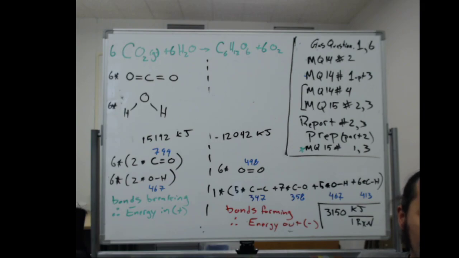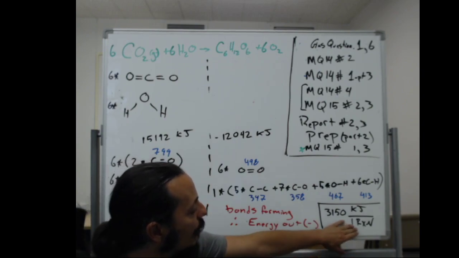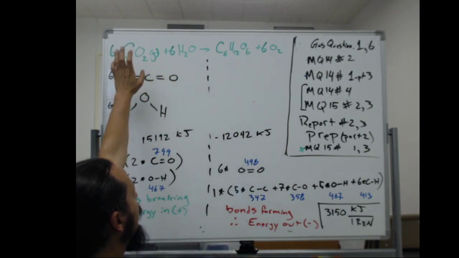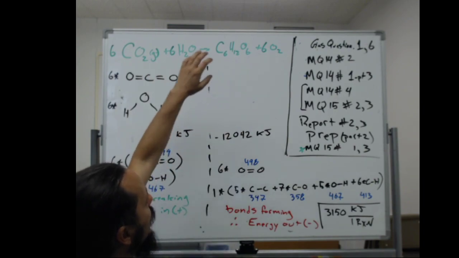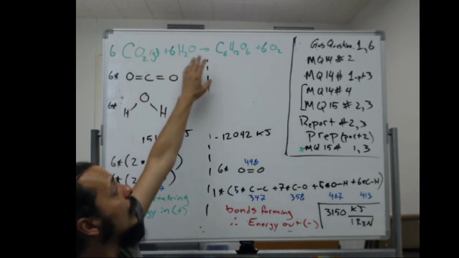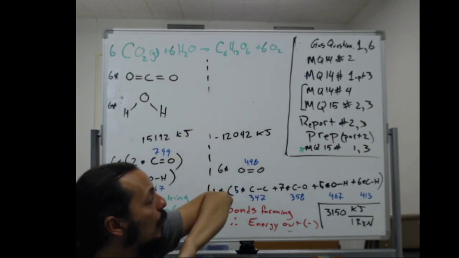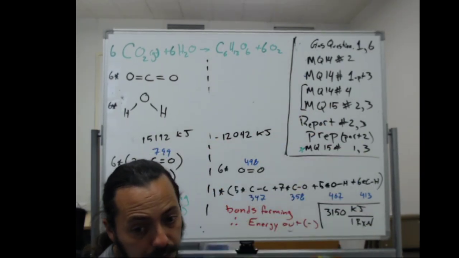Or whatever number you have. Right, so this number of 3,150 kilojoules, one reaction, I could do one reaction is 6 moles of CO2, one reaction is 6 moles of H2O, one reaction is 1 mole of glucose produced, or one reaction is 6 moles of O2 produced.